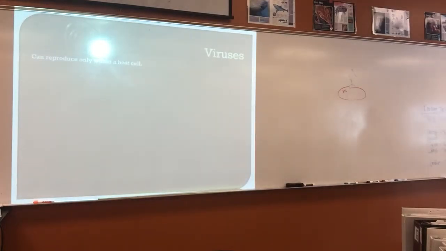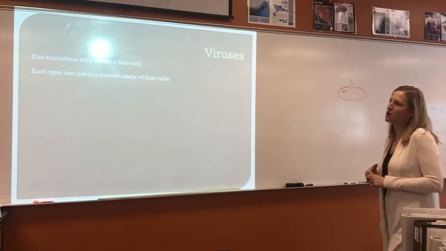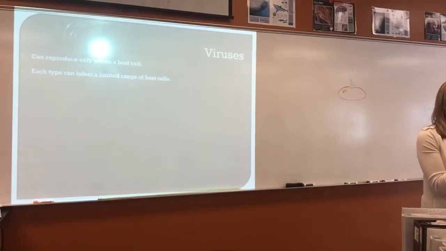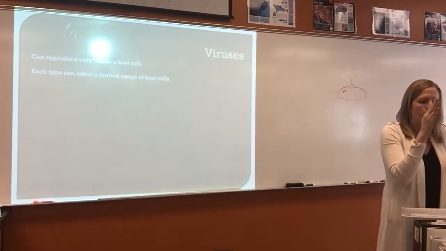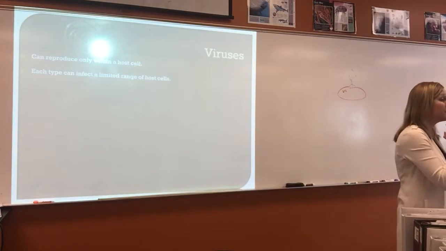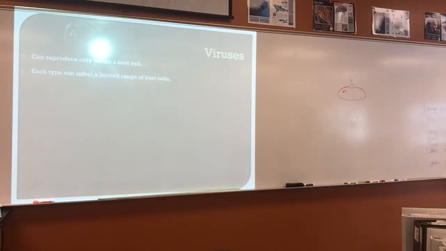But what they all have in common is that they need a host cell. They reproduce only within a host cell. Each type can infect a limited range of host cells. What does that mean? Different viruses infect different types of cells, and sometimes a virus can infect multiple types of cells. Sometimes it's very specific, like a virus that will only infect one species.